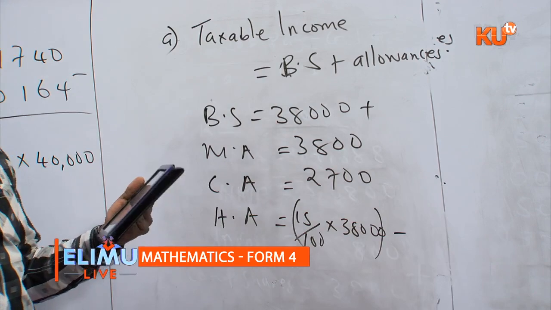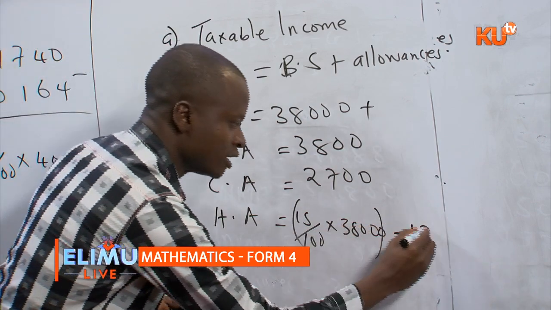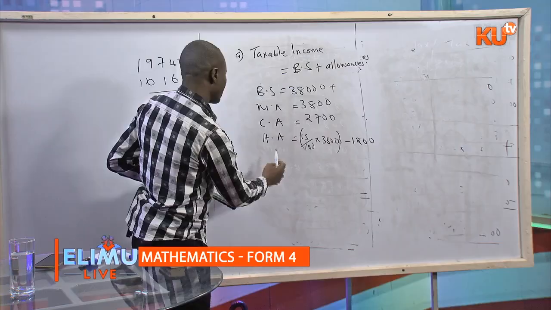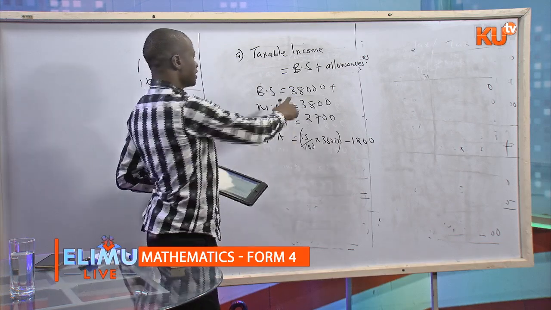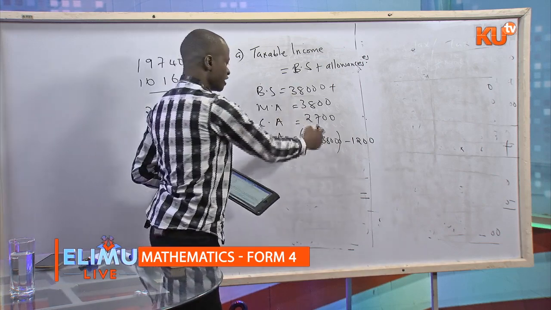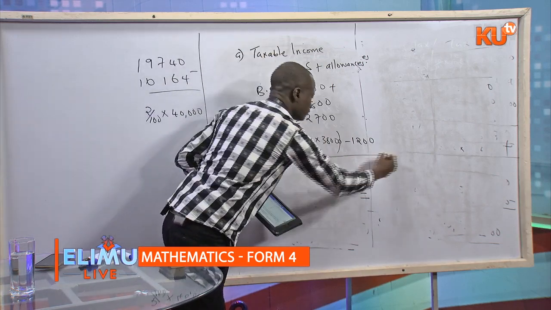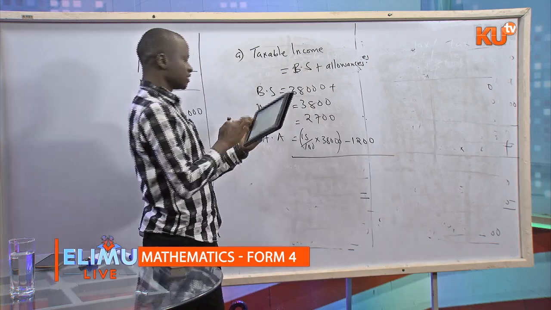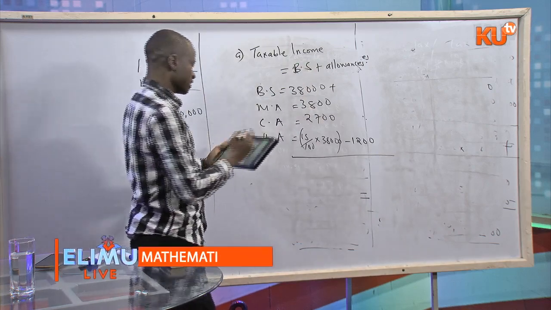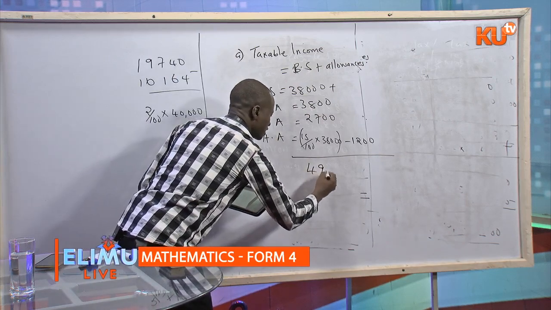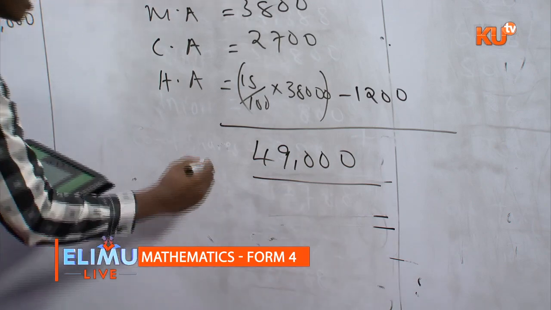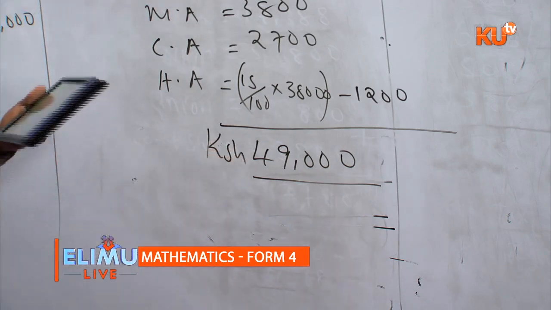How much was the nominal rent? 1,200. So we subtract this. After this, the answer we get here, you can calculate that very fast. So we add 38,000 plus 3,800 plus 2,700 plus the answer we get here. If you add all this together, if you are very keen, you should get 49,000 as the taxable income. 49,000. That is in Kenyan shillings.